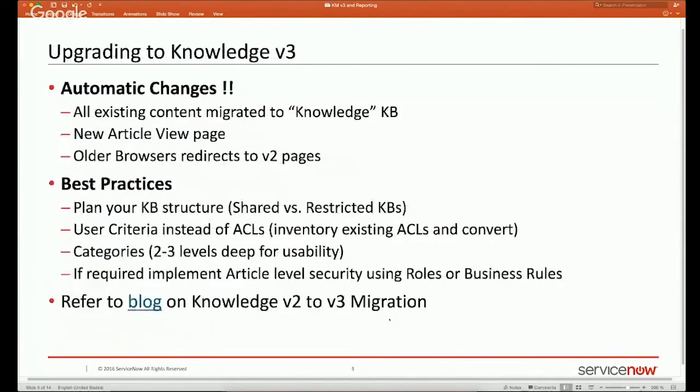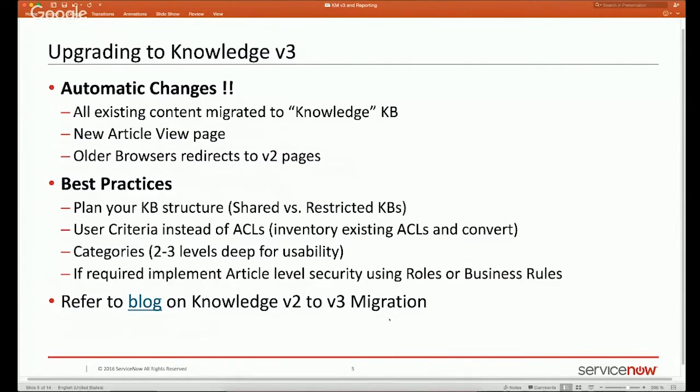So what to know at the time of upgrading to Knowledge V3? The changes are automatic. These are all documented very well in our documentation site as well as blogs that we have written.